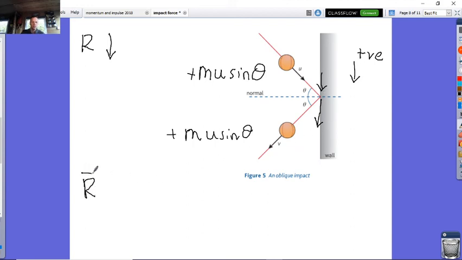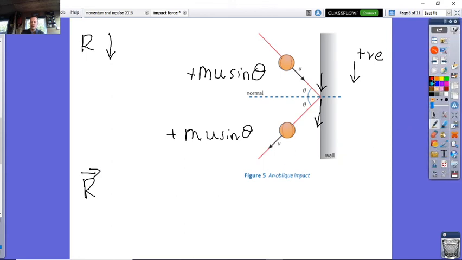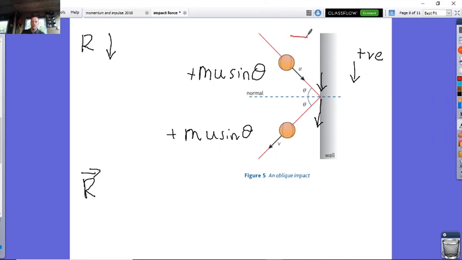If we then resolve horizontally, and I'm going to change pen color here because I can, I'm going to say this way is going to be positive, and this way here is going to be negative. Going that way, I'm going to have mu cos theta, which is going to be positive because we're resolving horizontally. Because it rebounds off the wall, isn't it now going to be minus mu cos theta?